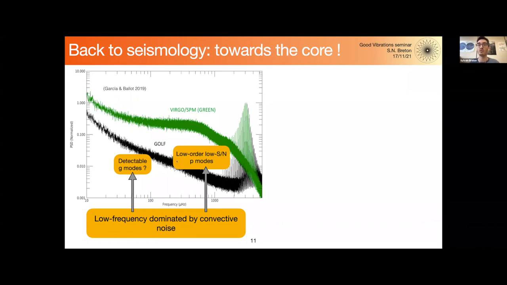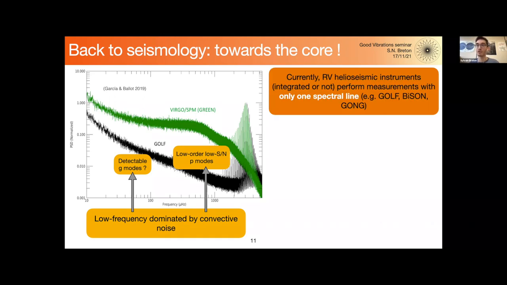It is that close to the p-mode hump, you have the low-order, low signal-to-noise ratio p modes, which have a long lifetime, and so you can characterize their rotational splittings with great precision if you are able to observe them. And at even lower frequency, you have the question: are individual g modes detectable in the solar signal?